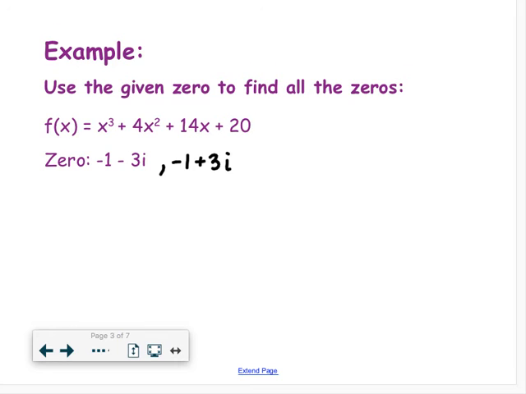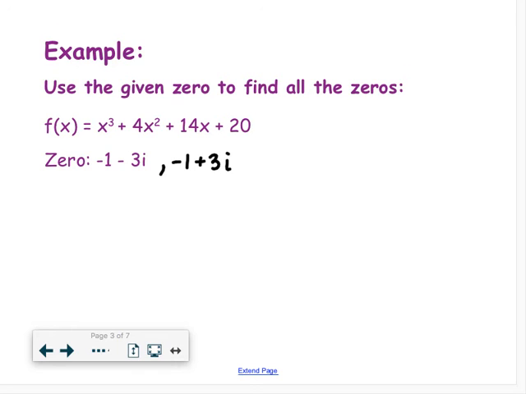Let's work out a plan here. How might we be able to find our missing zero? Multiply those two zeros together and divide the bigger polynomial by that polynomial. Okay, so write those as factors.